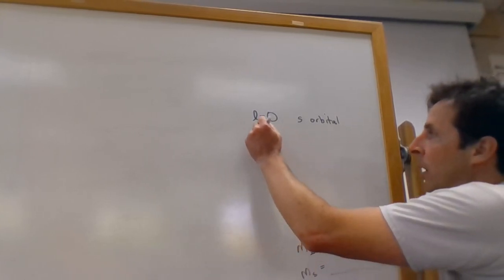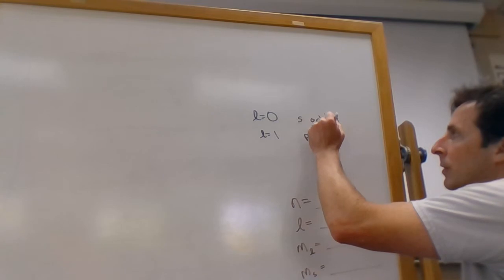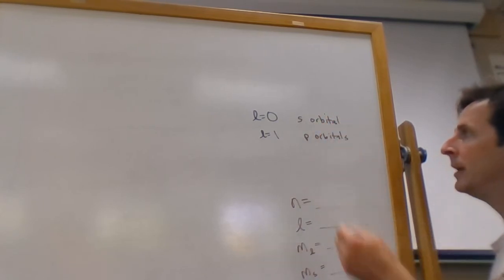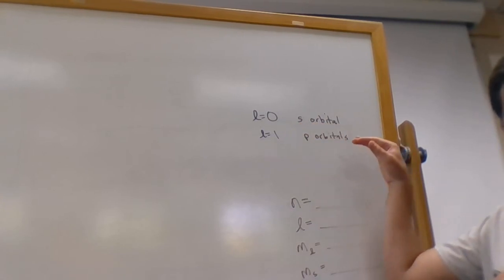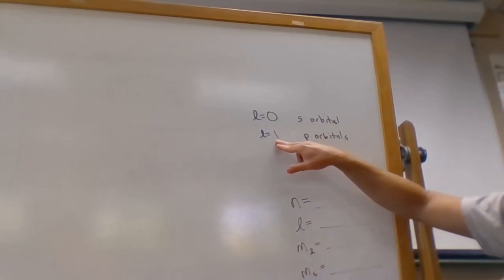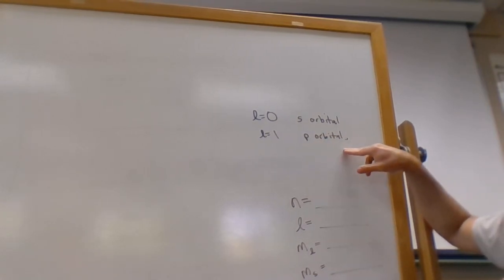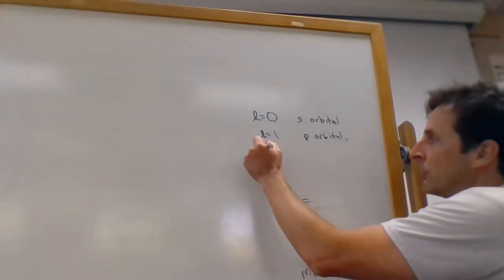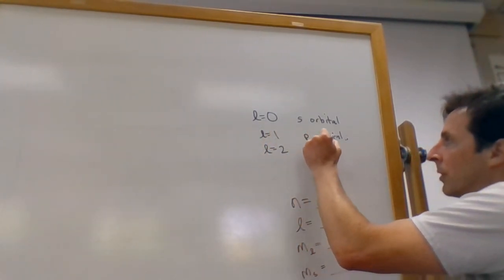If L equals 1, that's p orbitals. Now, L just tells you that it's p orbitals, but it could be any one of the set. Remember, p orbitals always come as a set of 3. So when L equals 1, that means a set of p orbitals that are all together. Okay? Then if L equals 2, that means d orbitals.